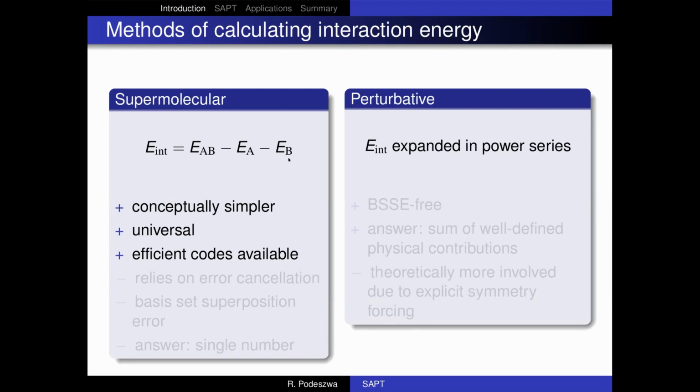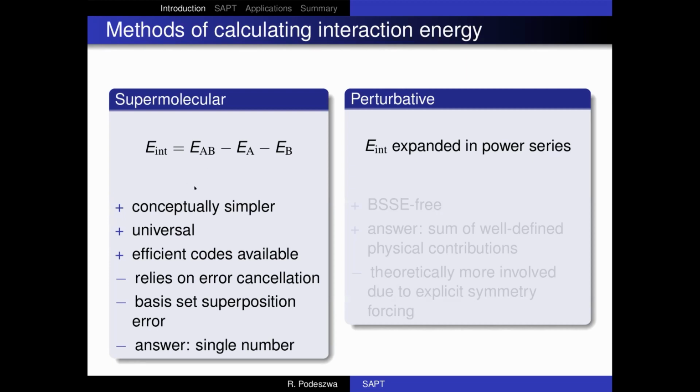It can work better or worse, but it can be applied. Since you can directly apply methods for molecules, and there is a huge development of calculating molecules, you have very efficient codes, so you can use CCSD(T) or DFT for molecules, and you get interaction energy for weak interactions. But there are a few disadvantages.